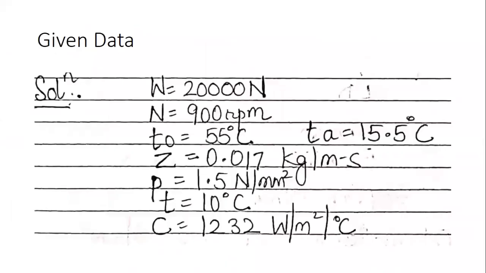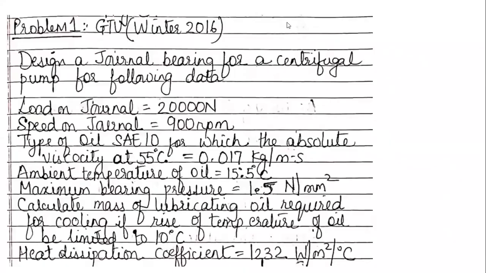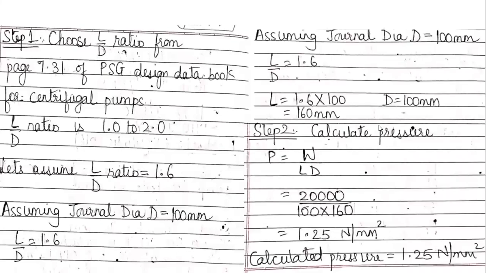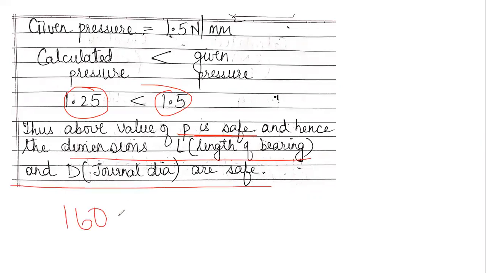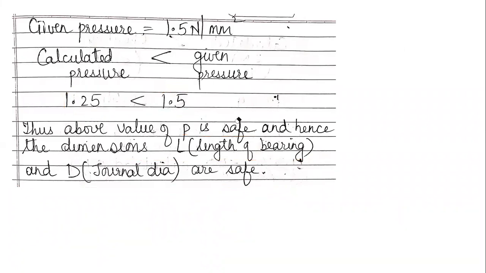In our numerical, they have given us the maximum bearing pressure or allowable pressure as 1.5. And the one which we calculated is 1.25. So you can see here 1.25 is less than 1.5. So our pressure is safe. Hence the dimensions of length and diameter that we have calculated, 160 mm and 100 mm, are safe. So two steps are done.